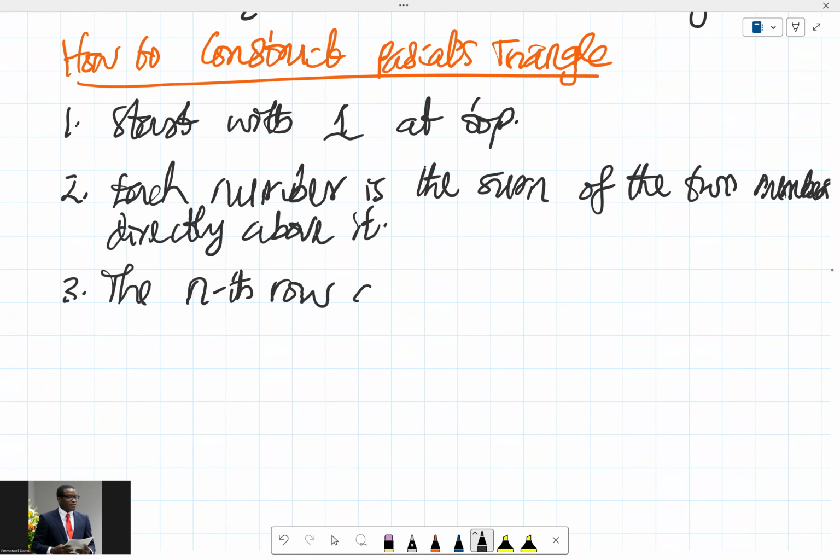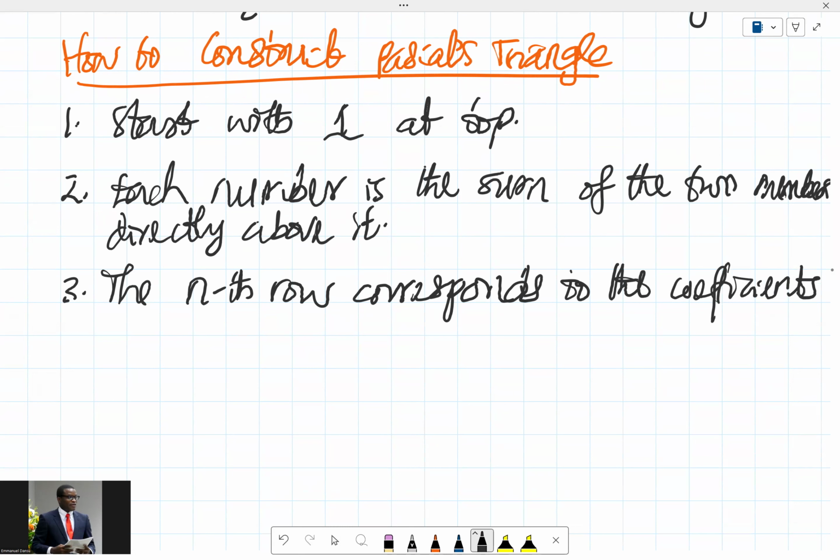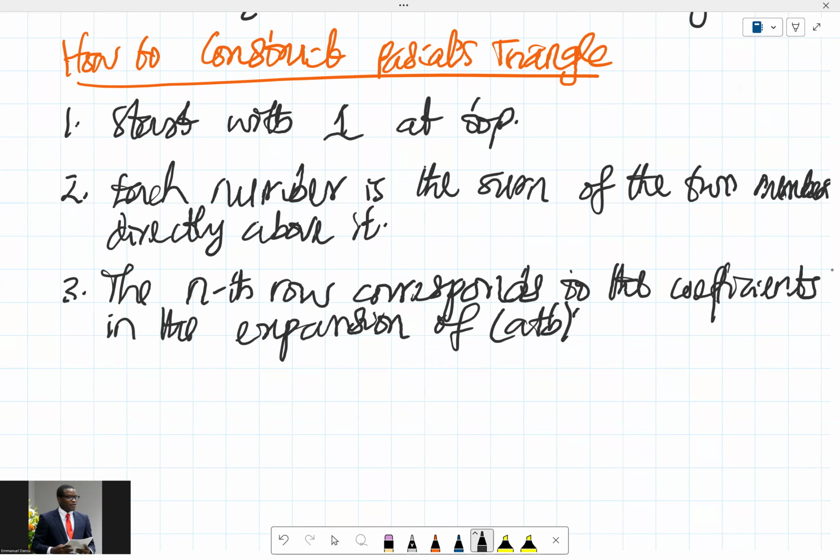The nth row corresponds to the coefficients in the expansion of (a plus b) raised to power n.